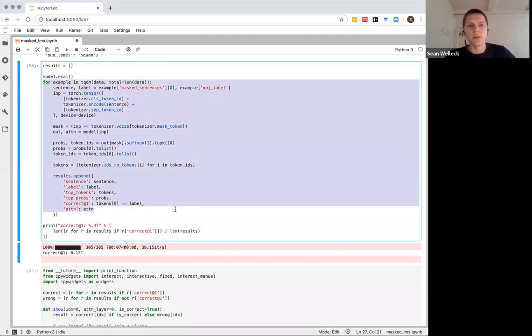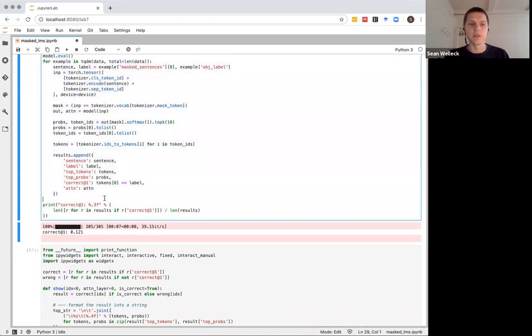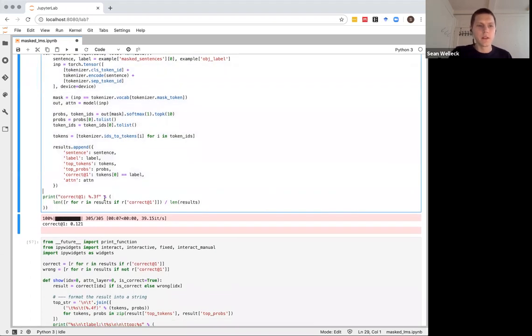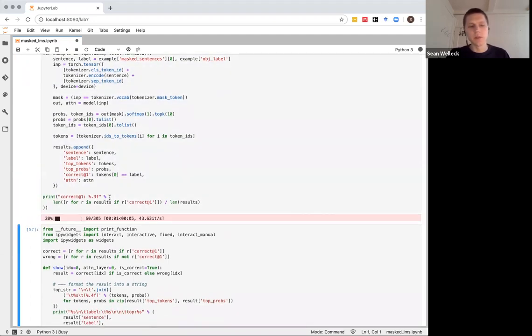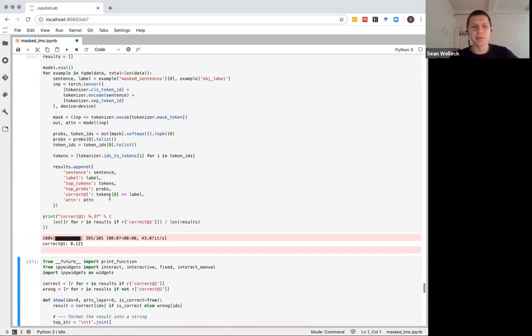Now here, we're looping over the data set and checking what the top tokens are and computing the accuracy. Oh, oops, I just ran it again. I actually don't watch the Super Bowl either, so there's no way I would have known that. So I have to rely on BERT for my Super Bowl facts.